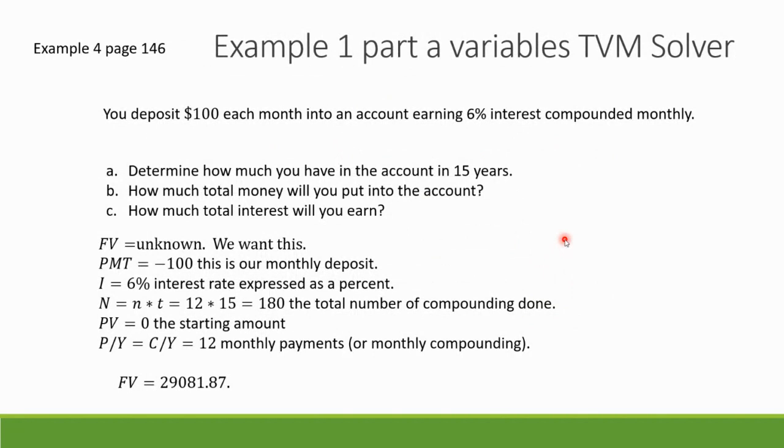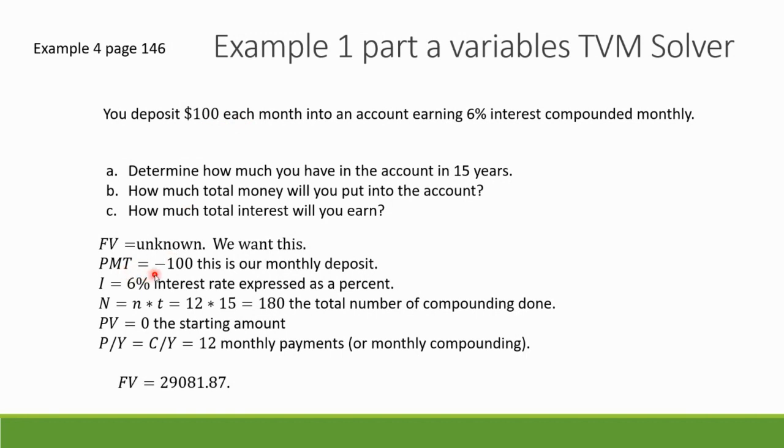Now you could use that TVM solver. Really, the hard part is determining what the variables stand for. So for instance, here we want to know how much we'll have in the future. So the FV is what we're looking for. PMT is $100 per month. So PMT is negative 100.